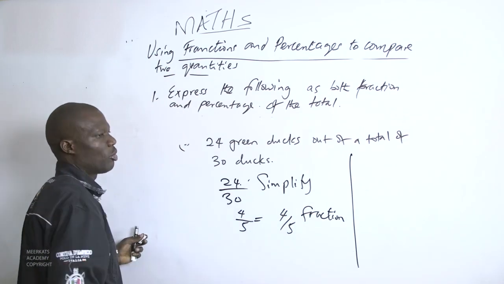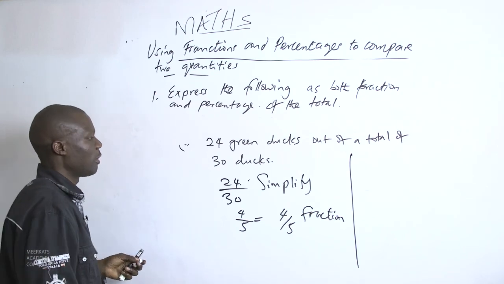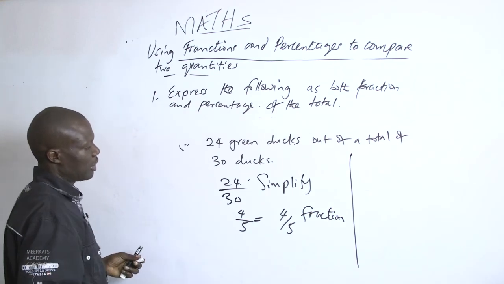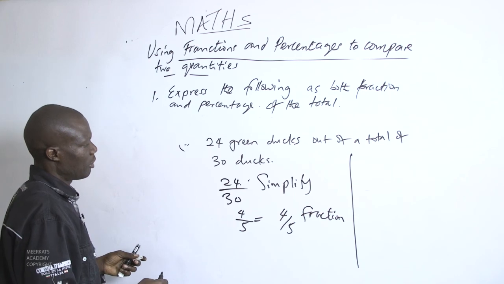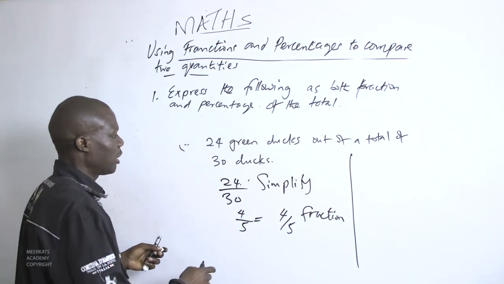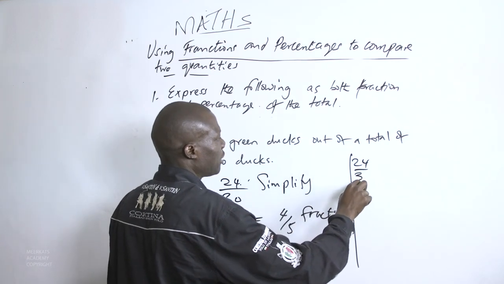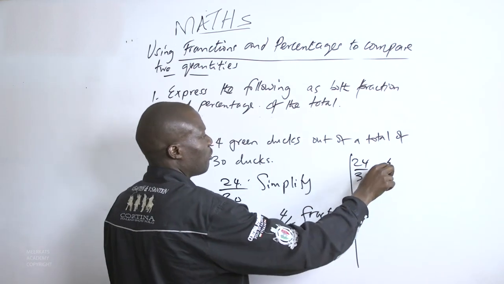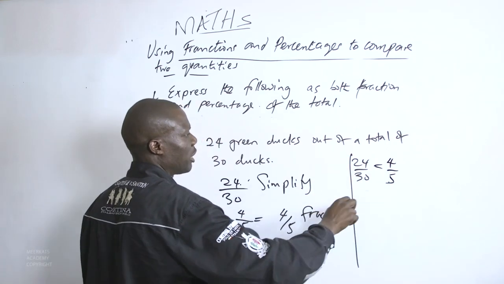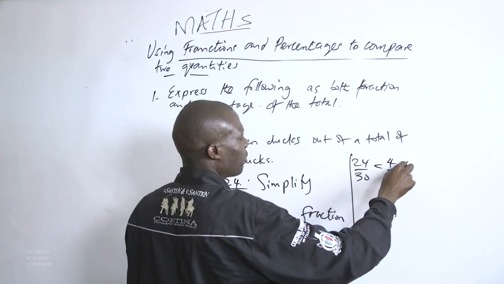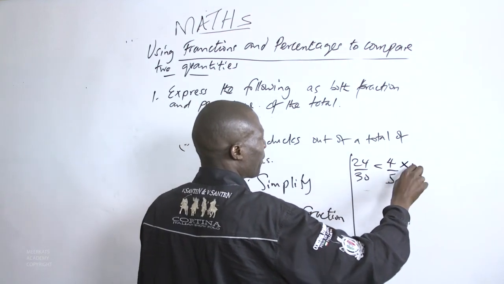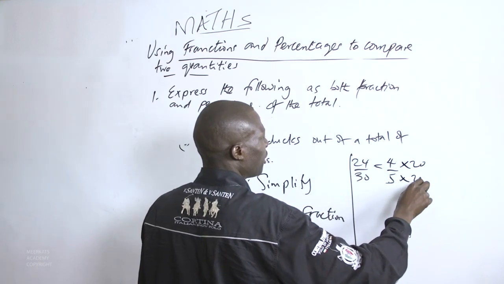But when you want to go into percentage, you will then look at a number that will give us something close to 100. So if 24 over 30 is the same as 4 over 5, then we need to find what makes it 100 down here. We multiply here by 20, multiply here by 20.